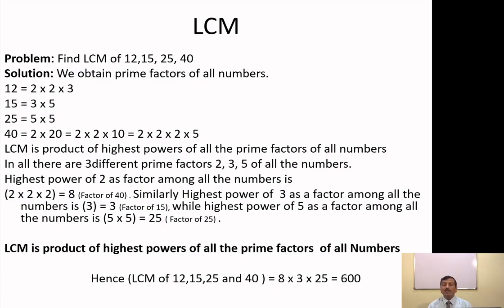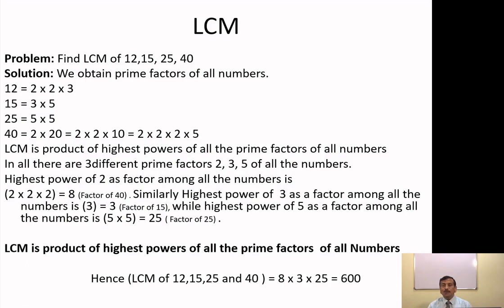While the highest power of 5, if you look at it, in 12 there is no 5, so it's 5 raised to 0. In 15, it is 5 raised to 1. In 25, it is 5 raised to 2. And again in 40, it is 5 raised to 1. So in 25, we got 5 raised to 2. So 5 raised to 2 is the highest power of 5.